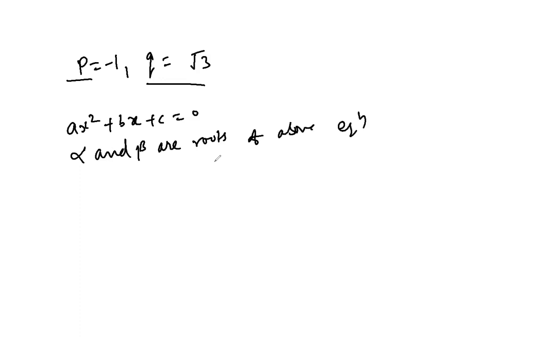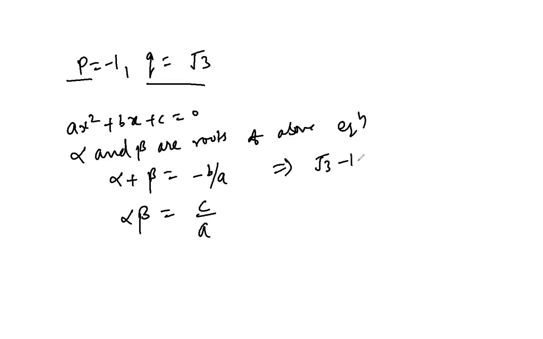Okay, so the sum of roots is simply equal to minus b by a. Okay, and the multiplication of these two roots is simply c by a. So here, if you see the two roots alpha and beta, which in our case are p and q, if we do the sum of them, which is root 3 minus 1, which is simply equal to minus b divided by a, and if you multiply them, you have minus root 3, which is simply equal to c upon a.